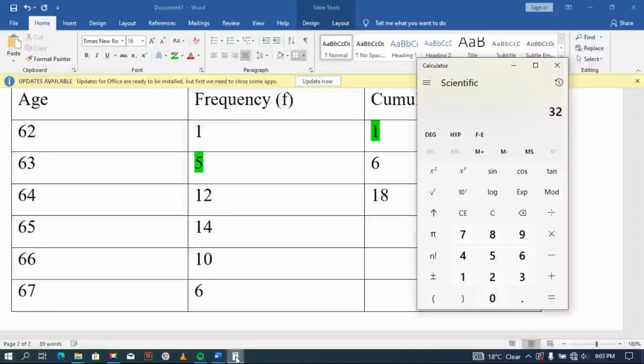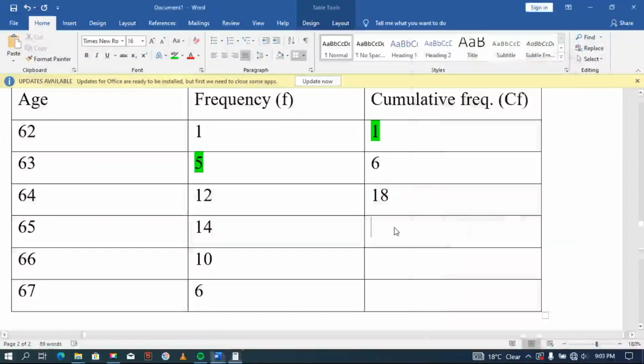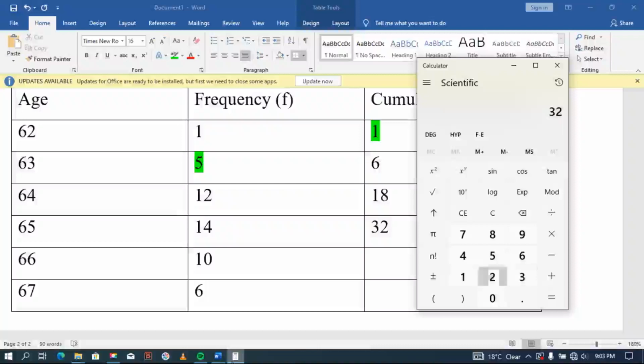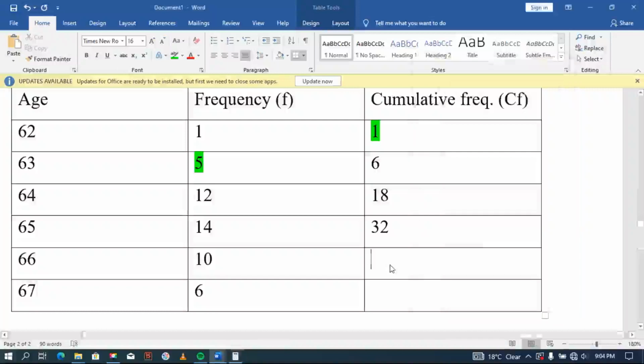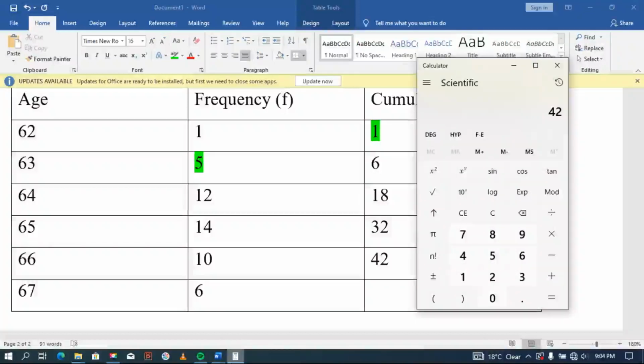For 66, we get 32, the previous cumulative frequency, plus the frequency of 66, which is 10. We get 42. And finally, for the last age group of 67, we have the previous cumulative frequency of 42 plus the new frequency of 6, we get 48.